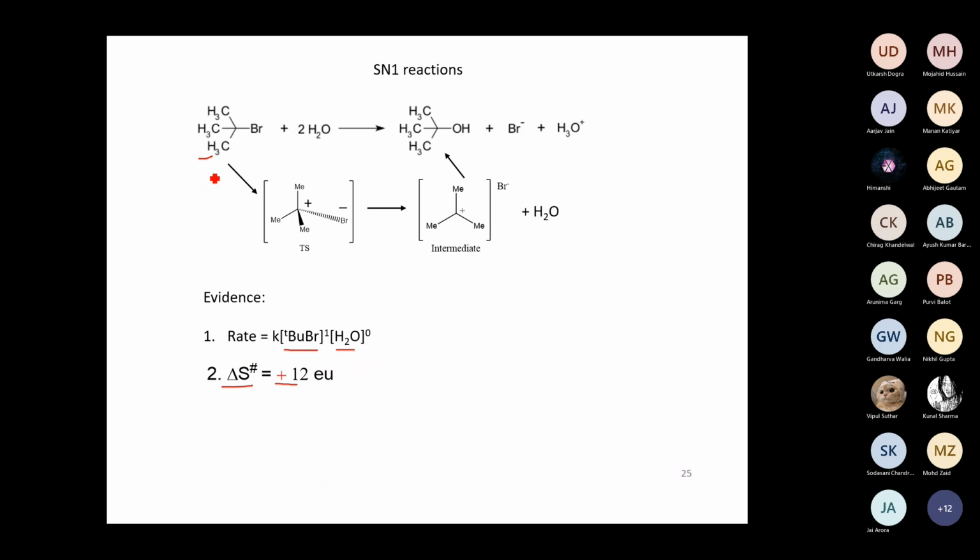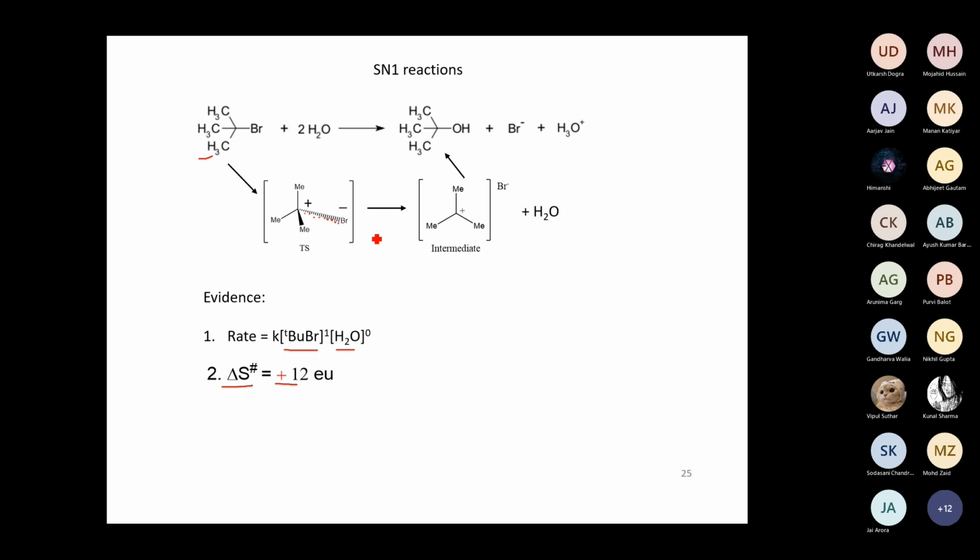In SN1 type reactions, the carbon and bromine bond is getting elongated and broken, so one molecule is forming two ions. It increases its randomness and its entropy.